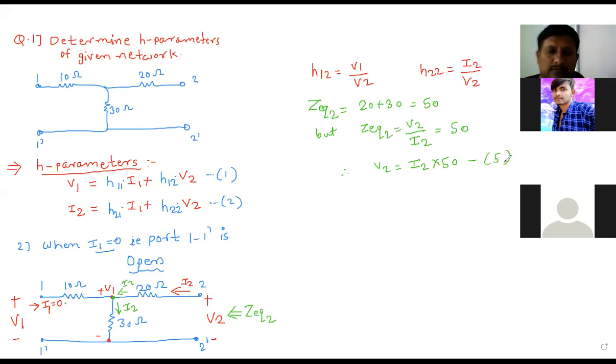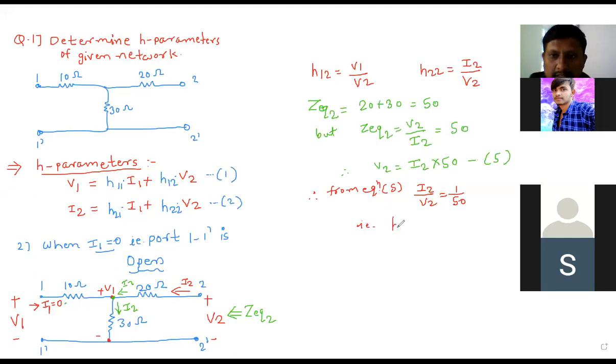Now what do we want here? We want I2 upon V2. Therefore, I2 upon V2 is nothing but 1 upon 50, so that you can find H22. From equation 5, I2 upon V2 is equal to 1 upon 50.